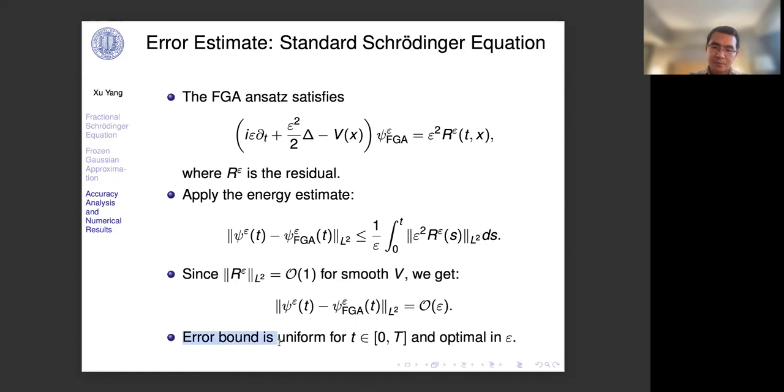And this is not optimal. The results I list here are not optimal. If you do the Hagedorn dynamics, this does not have to be finite time. It can be the Ehrenfest time.